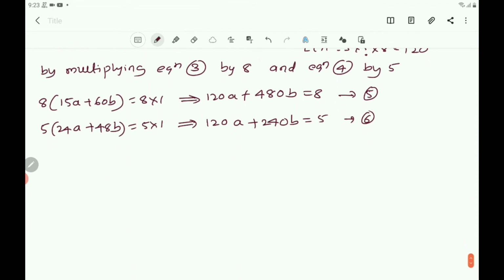Now here you know that 120a has the same sign in both, so you subtract one equation from the other.